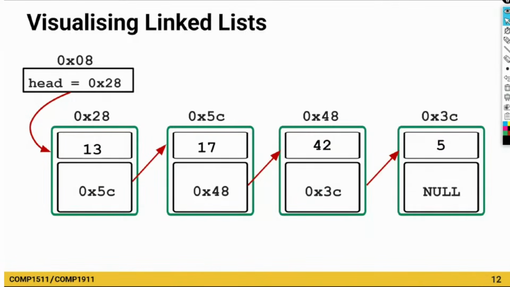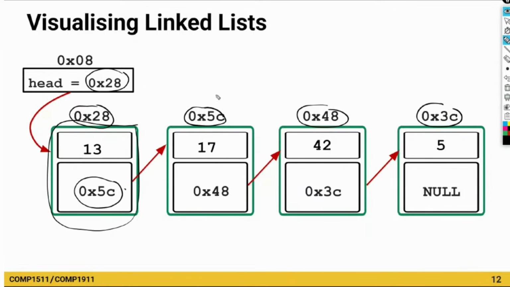And often we draw them something like this, because we'll be drawing these a lot when we're trying to write our programs and thinking about what we're linking up. We won't always make up fake addresses like I do at the beginning. Eventually we'll just be drawing boxes, but this is showing us that the head really just shows the address of where this first node lives. This first node shows the address of where the second node lives, etc.